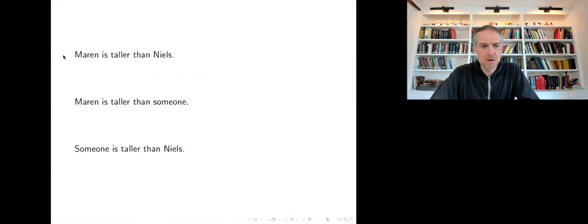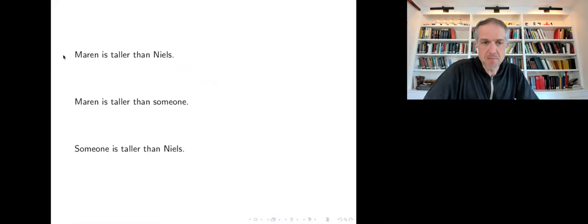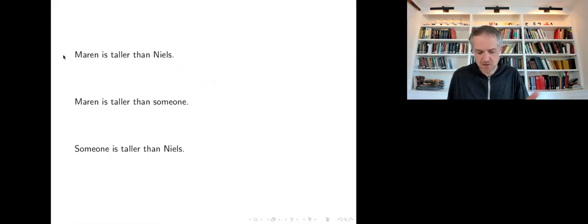We'll start with a few examples. These are just names here, Maren and Niels. The first sentence is: Maren is taller than Niels. First, we represent the names of people by lowercase letters, as we did previously with predicate logic.